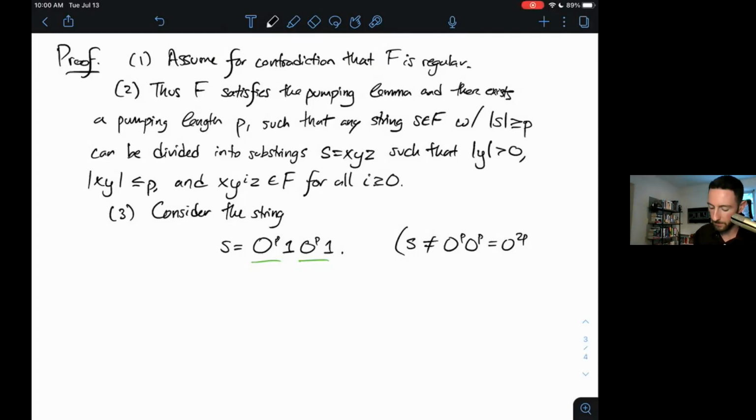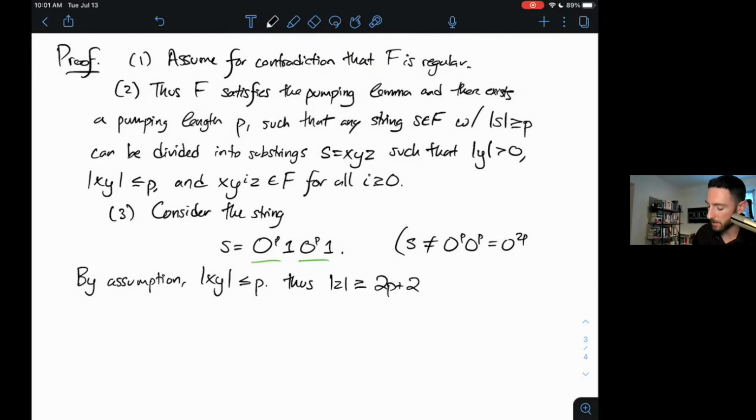So we'll say, by assumption, the length of XY is less than or equal to P. So if we could divide this string, we would know that XY would be less than or equal to P. And this is going to tell us that the last part of our string all has to be in the substring Z. So thus, the length of Z is at least P plus 2.